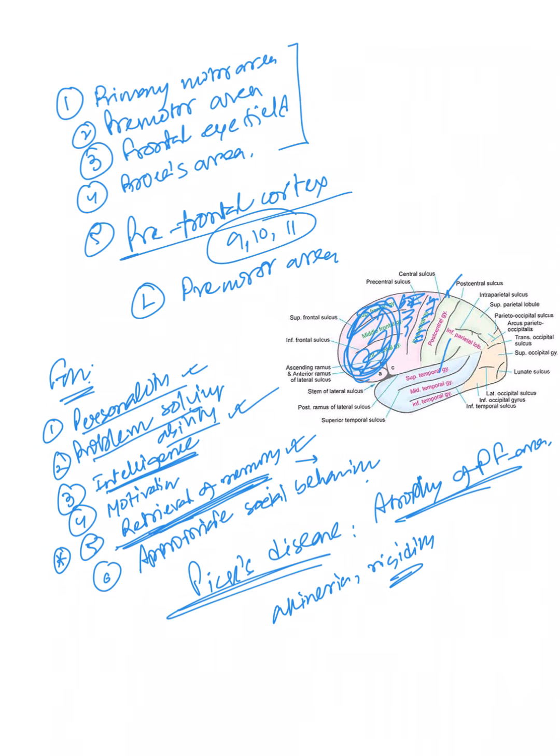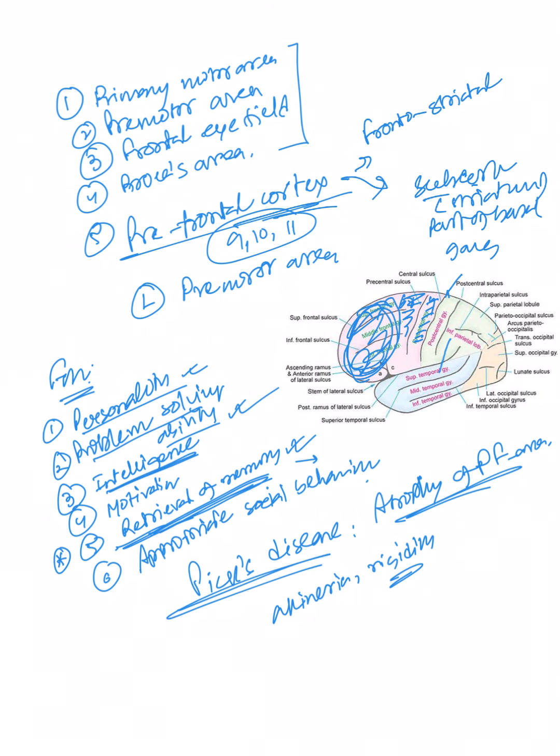Because see, the prefrontal cortex is connected to the subcortex like the striatum, part of the basal ganglia, via one fiber, that is the frontostriatal fiber. So in Pick's disease, the frontostriatal fiber will be affected, the prefrontal cortex will be atrophied, and as the disease progresses, the patient will present with akinesia and rigidity, something like you will read in Parkinson's.